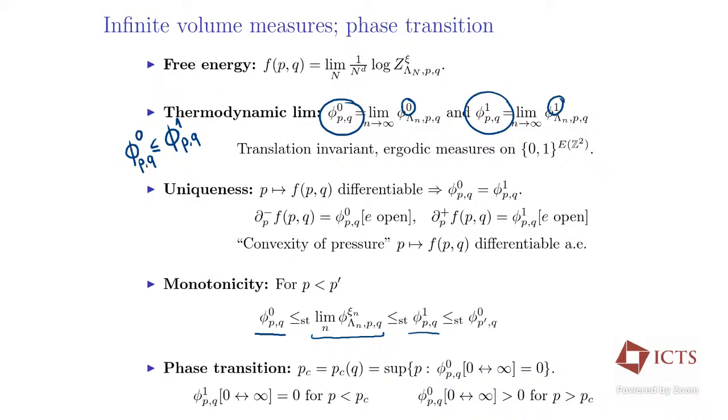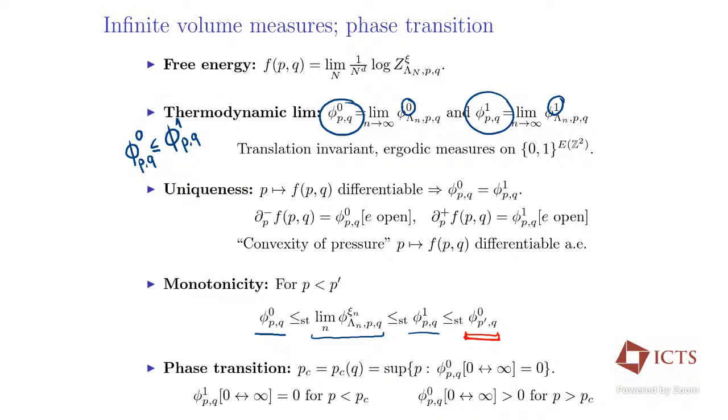And any increase in the parameter beats any increase in boundary conditions. So if you increase the parameter from P to P prime, then the boundary conditions don't matter anymore. The measure with parameter P prime is always going to be larger than the measure with parameter P. Okay.